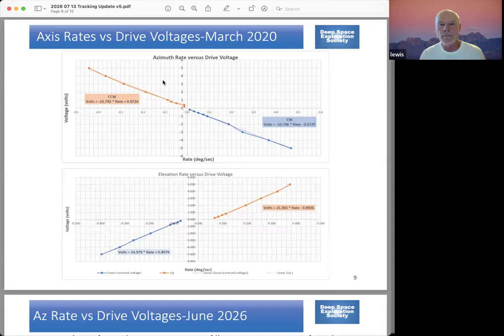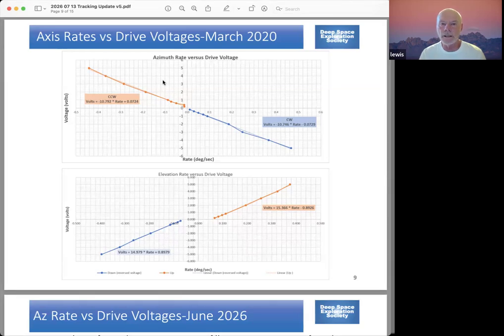In this case, we express volts as a function of the rate. What we really need in the software is going the other way, so we can rearrange the equation to do that. Basically we found the signal was fairly linear, and any non-linearities were probably more due to our measurement technique. And that was true on both azimuth and elevation.